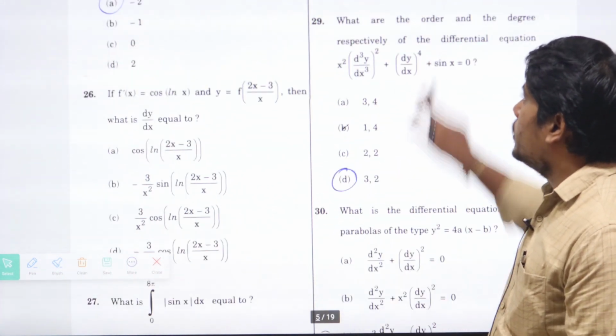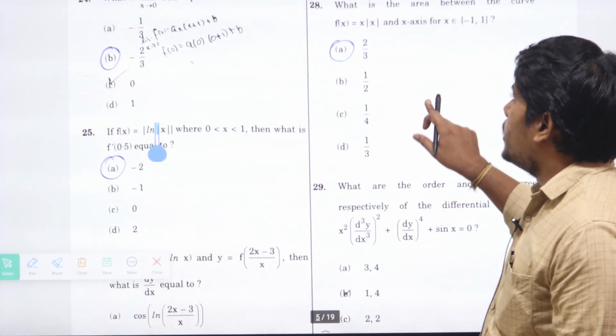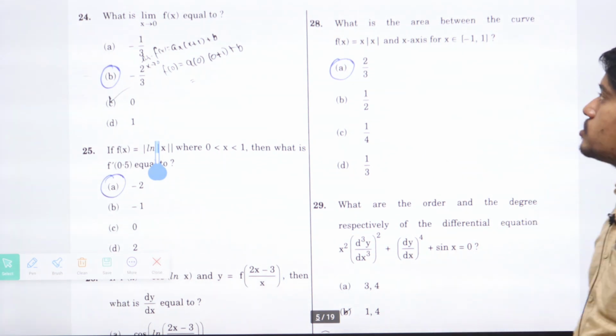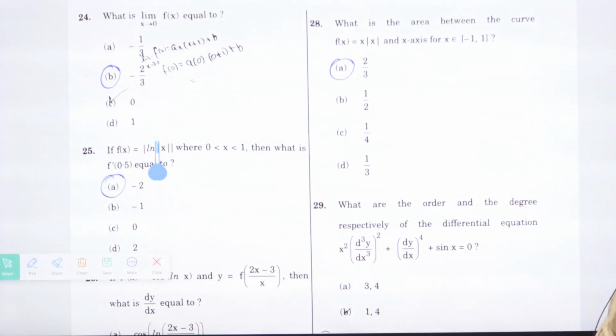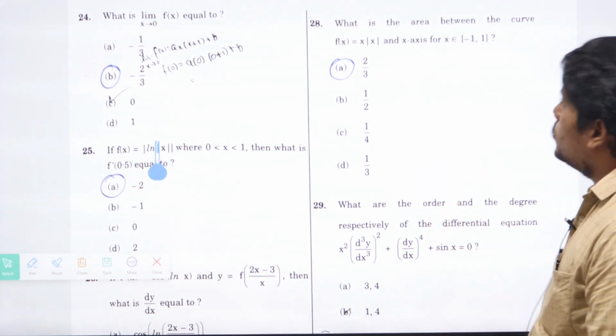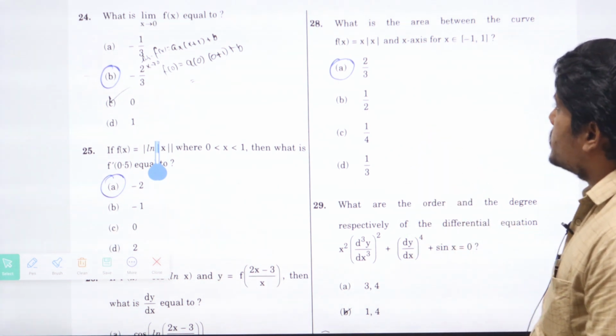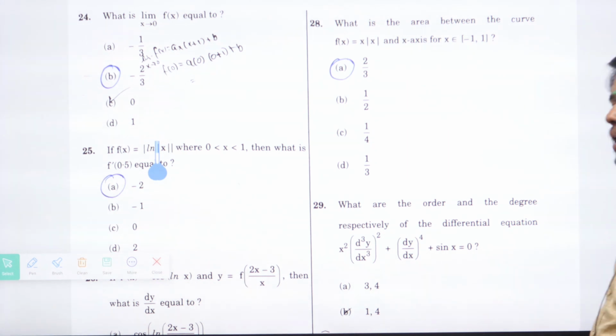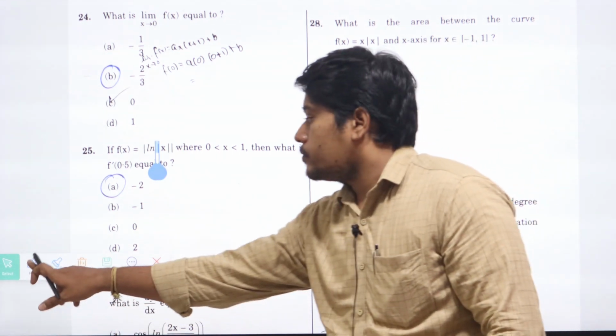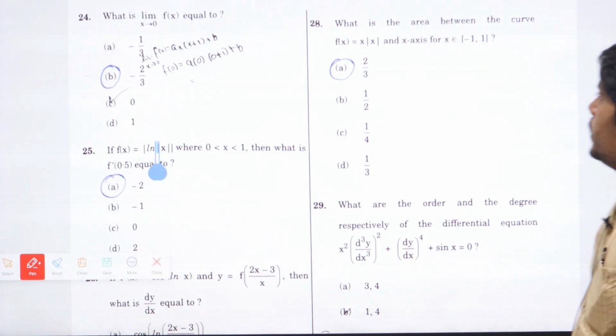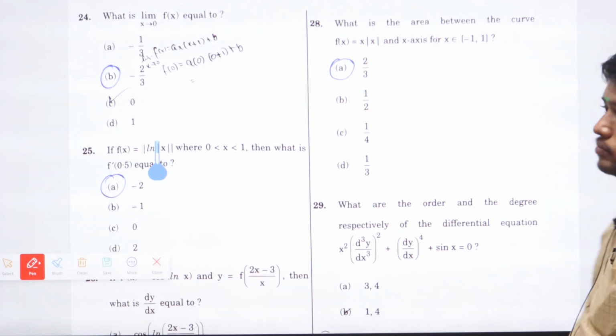So next, 28. What is the area between the curve f of x, which is equal to x into modulus of x, and the x axis for x belonging to -1 to +1? So find the area between the curve.